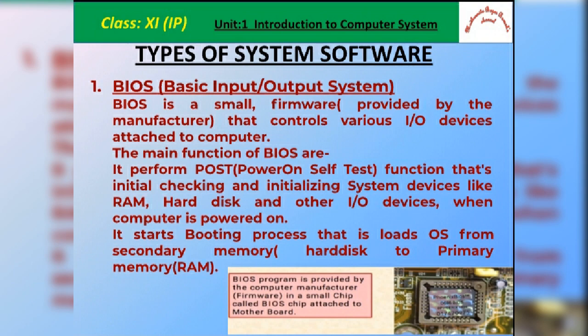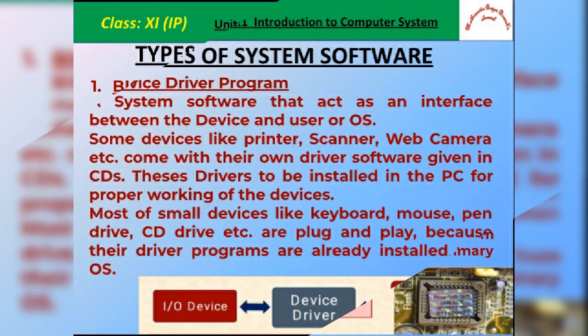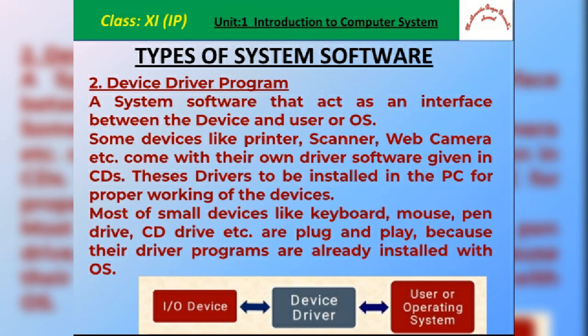When we install the operating system, it is installed in the hard disk, and when we switch on the computer, the operating system comes from the secondary device to primary memory, that is RAM. So BIOS is an important system software.